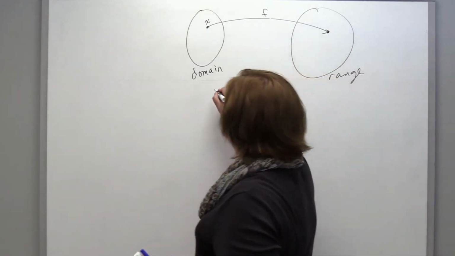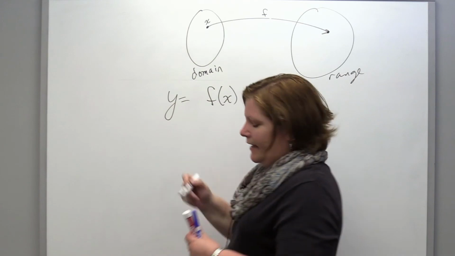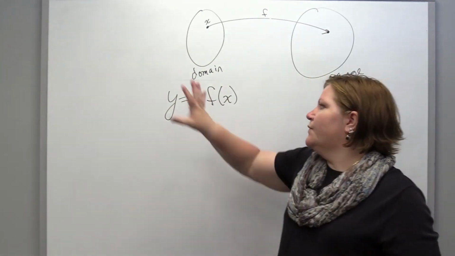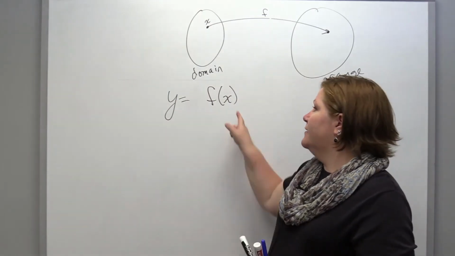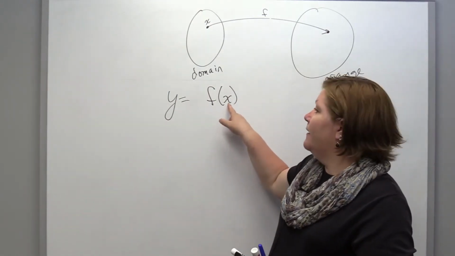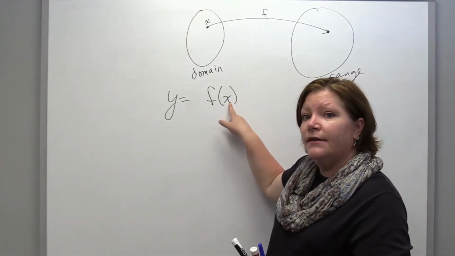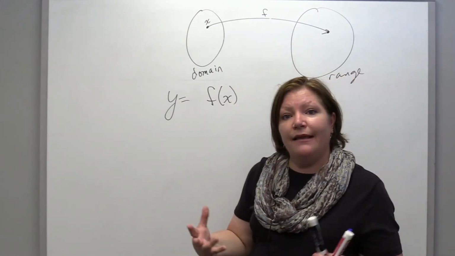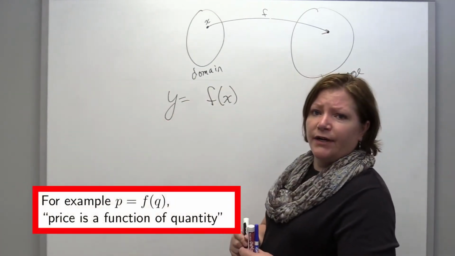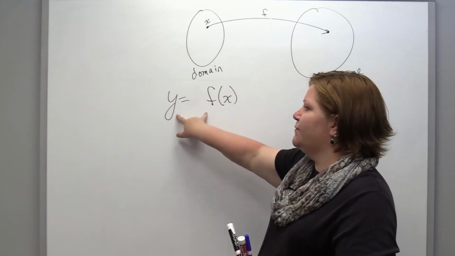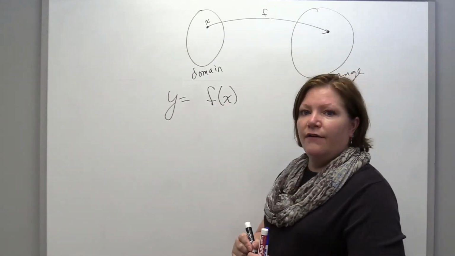And function notation: a lot of times we are going to use y as a function of x. And sometimes we're going to change it up. A lot of times our input variable is going to be q for quantity of items that we are making and selling. This letter might be different also, but in our examples what we're most familiar with is y is a function of x.